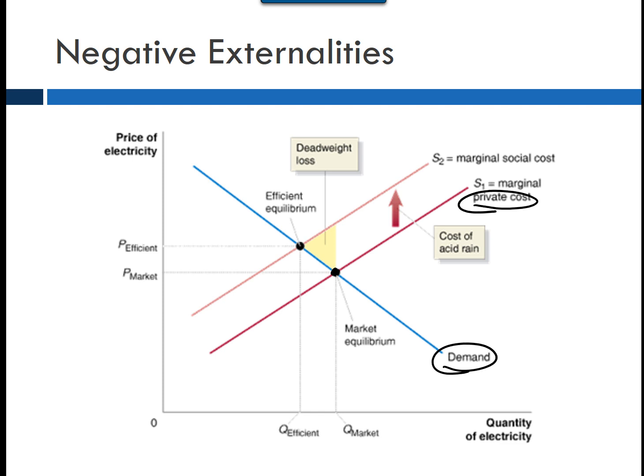And so this is pollution or whatever. But because other people are bearing part of the cost, if the supply curve represents their costs, they're not factoring in all the costs. They're just factoring in the monetary cost that they had to pay. If they had to factor in the cost to everybody, their costs would be higher.